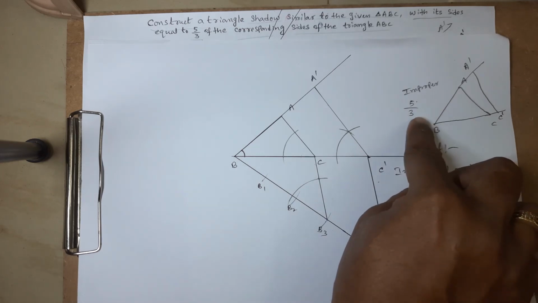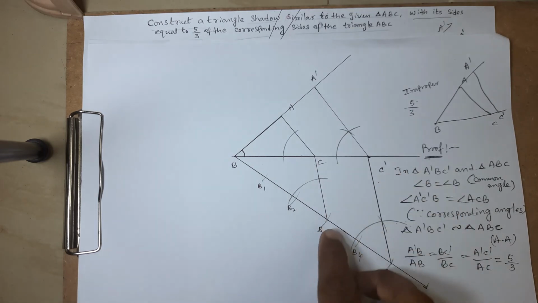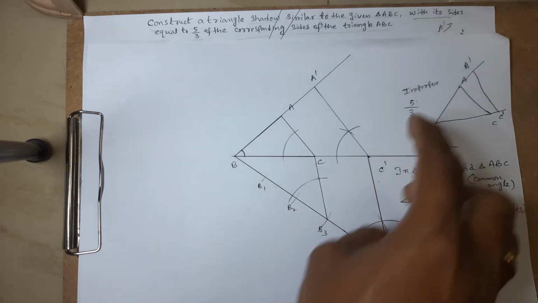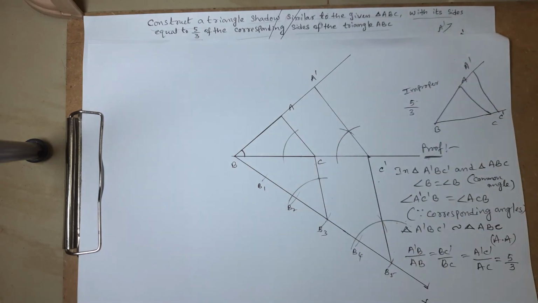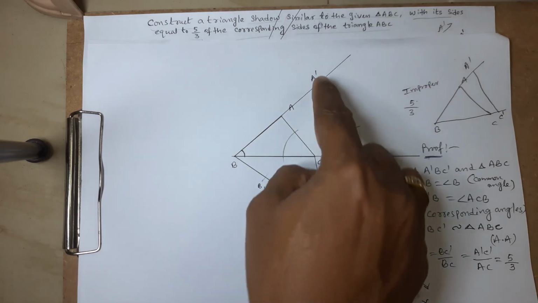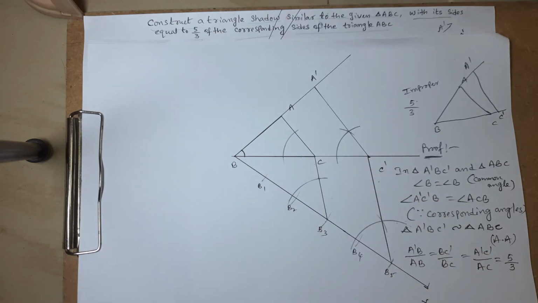Always take the denominator. 3 is the denominator, so join B3 and C. The third point you have to remember is that 5 by 3 is an improper fraction, so the new similar triangle is bigger than this ABC. That means A'BC' is the new triangle. I hope you understand all these constructions.